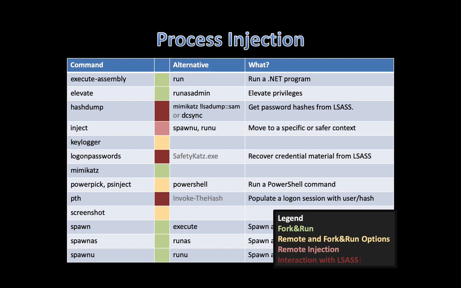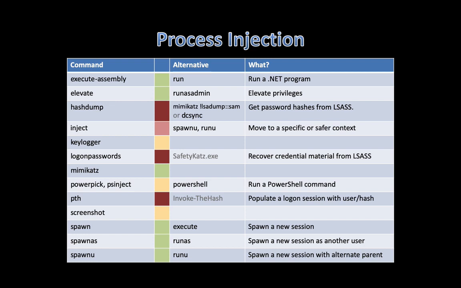Yellow are features that have fork and run variants and the ability to target a specific remote process. The yellow options are interesting because not only can you fork and run or go to an arbitrary remote process, you can self-inject with them by targeting your current process. And that is going to be the safest form of quote-unquote process injection.